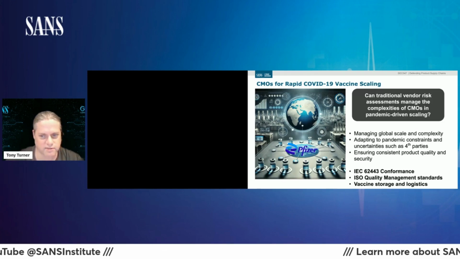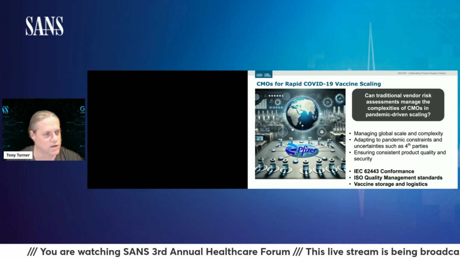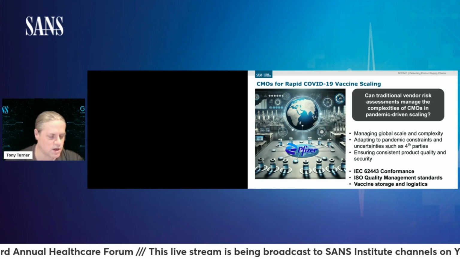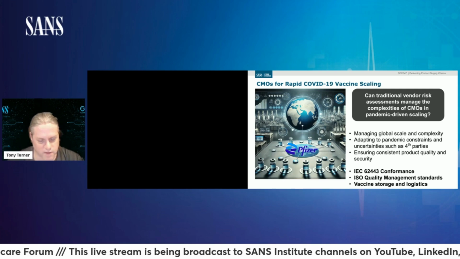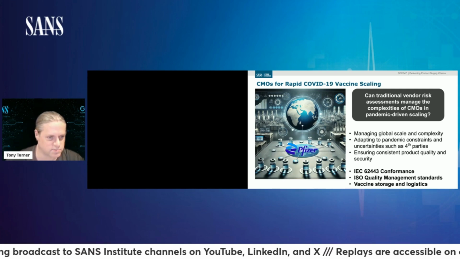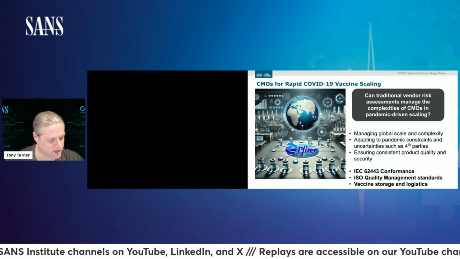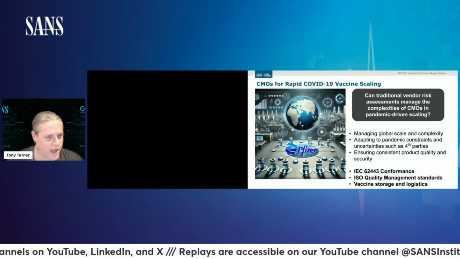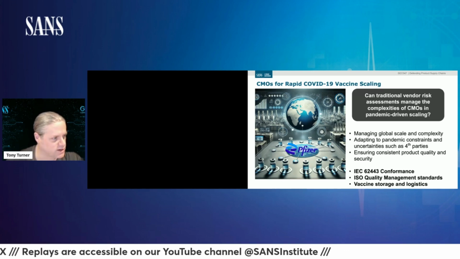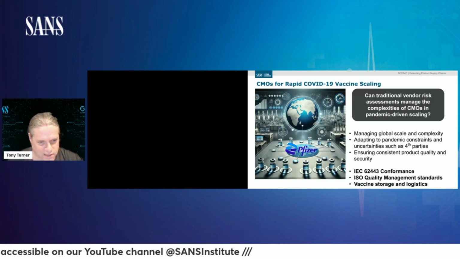So they had to draw on this whole concept of a CMO, or a contract manufacturing organization. And there were hundreds of these CMOs in various different markets that they had to draw upon to facilitate all this. But how do you ensure quality control when you don't have direct control over how your contract manufacturers are delivering the work product?